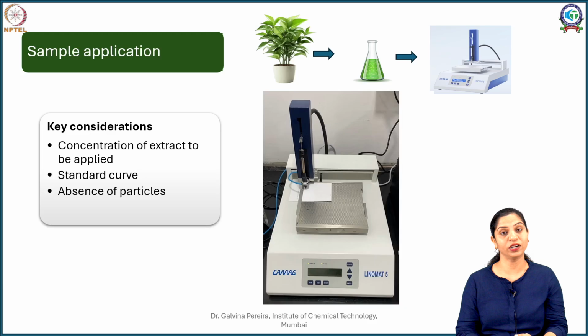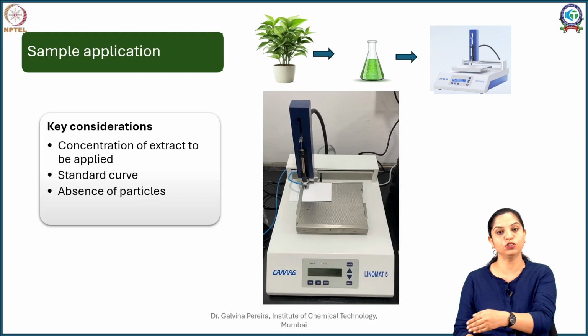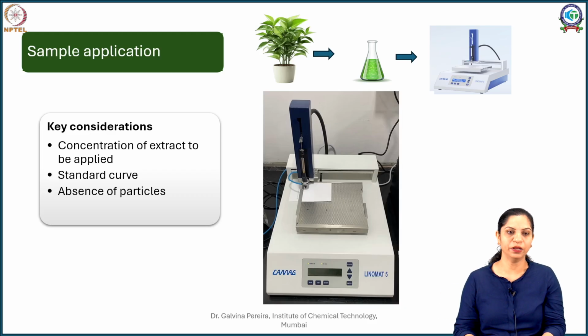Then you have to plot a standard curve. This is quantification. So along with your extract you also apply your standards in particular concentrations, like 2 microgram, 4 microgram, 6 microgram and so on. Those spots are also placed simultaneously on the plate.